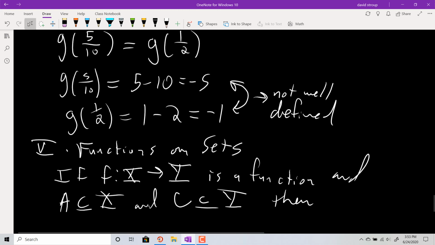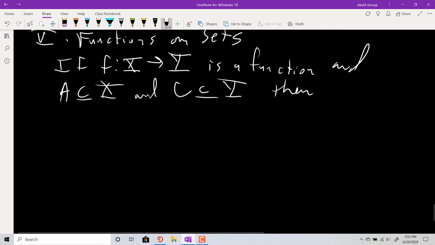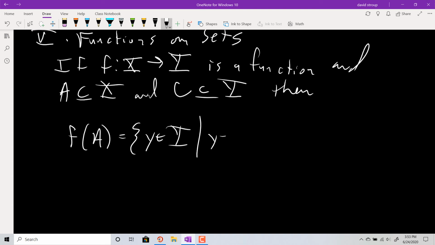Then we can consider a function on those subsets. So we'll say the image of A under f is written as f of big A. Okay, and that will just be the set of all y in y, such that y is equal to f of x for some x in A. Okay.